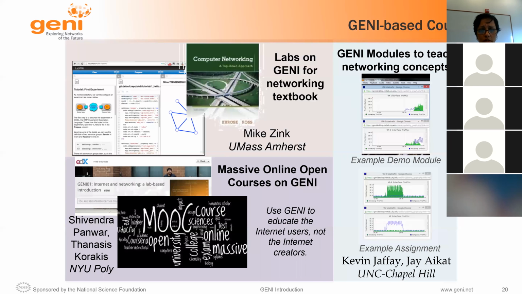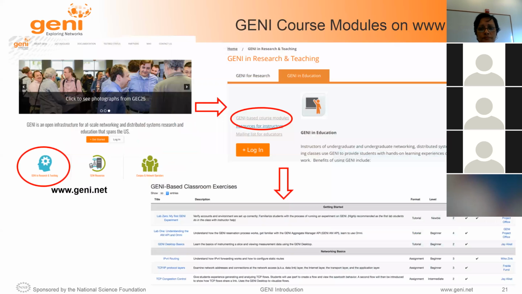And the third one is NYU Poly, where they've actually built a MOOC on GENI, among a lot of other things that they've done using GENI for education. The MOOC is very popular as well. GENI course modules, there's a lot out there now, and we actually maintain a GENI-based classroom exercises list.